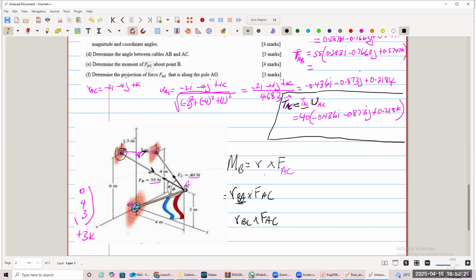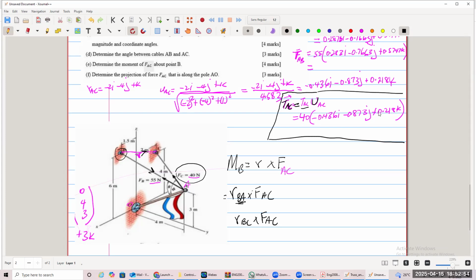If we ask you to find the projection of a force against a line, you need to find the unit vector of the line and multiply by the force. You remember that? Yes, sir. So you find the unit vector of OA and multiply it by the force, and you have AC already, so you don't have to convert AC.